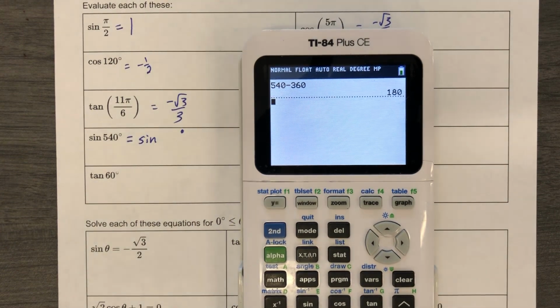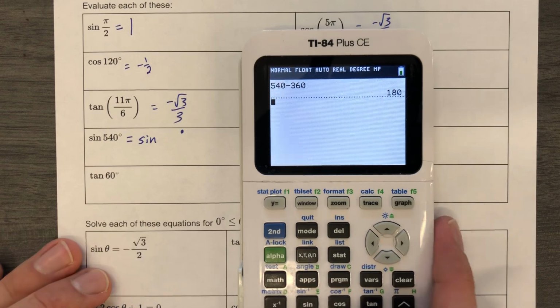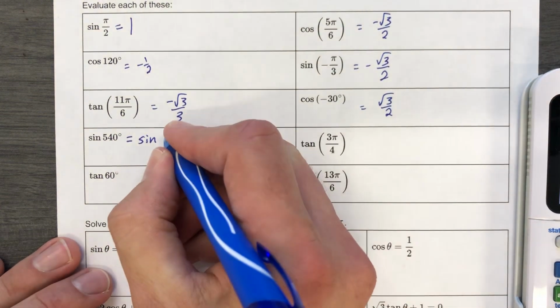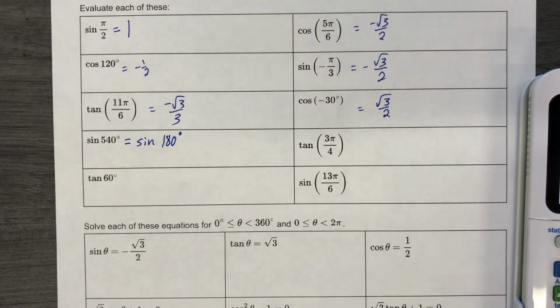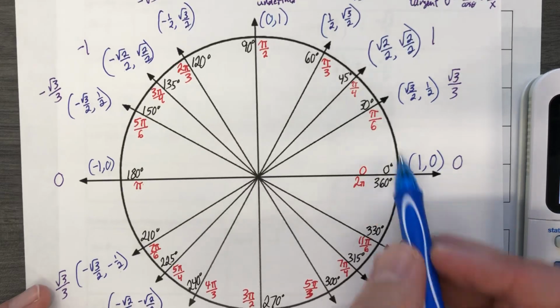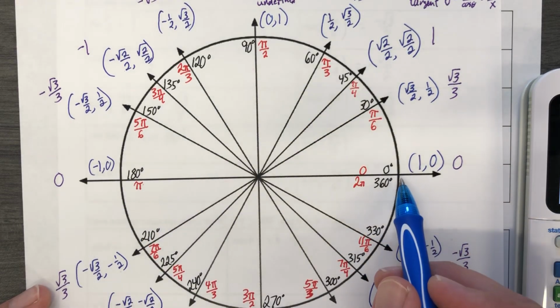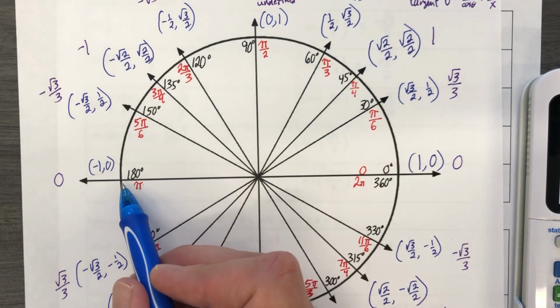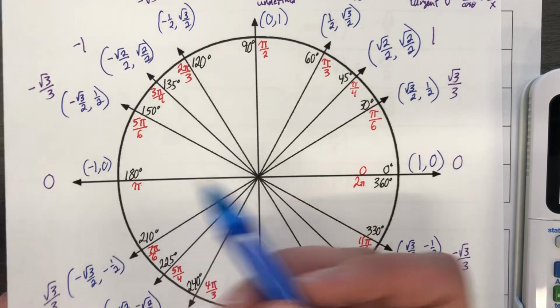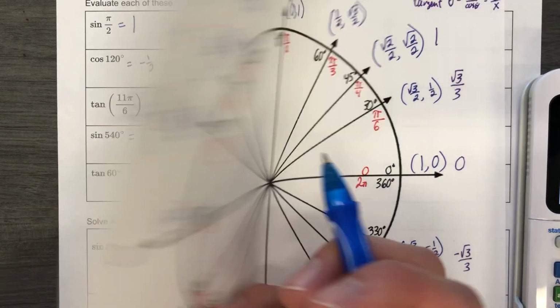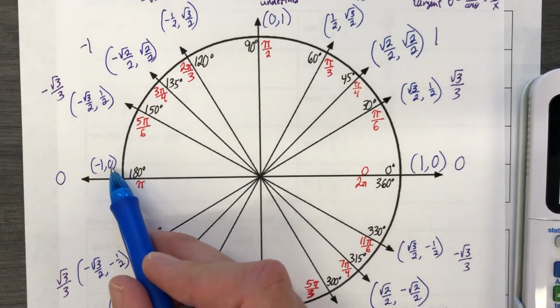So I'm really asking for what the sine of 180 is. This is that coterminal thing. So 180, 360, 540. Well, it took you to the same place as 180, right? And they're asking for sine. So the y value is 0.